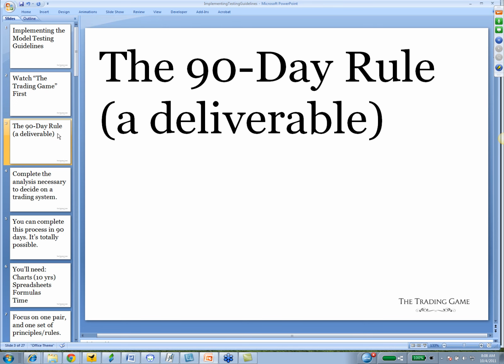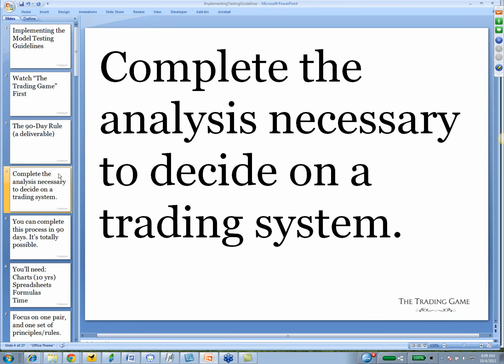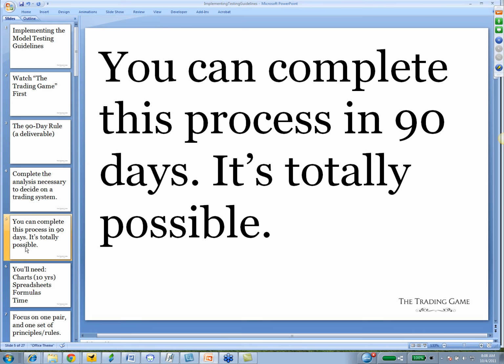Next, since you've already watched that because you were here live for it, I want to introduce you to the 90-day rule, or a deliverable that is due within 90 days. In other words, I'd like to ask you to complete the analysis necessary to decide on a trading system within 90 days. And you can complete this process in 90 days. It's absolutely and totally possible.